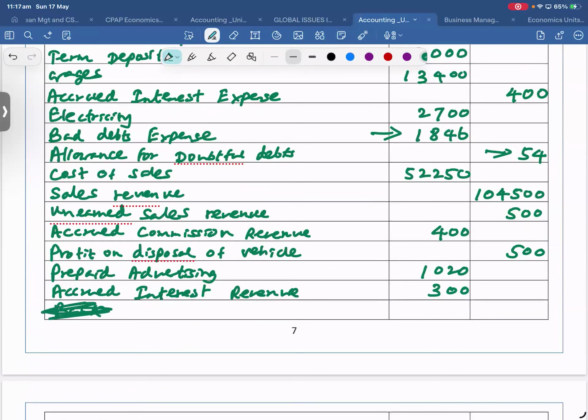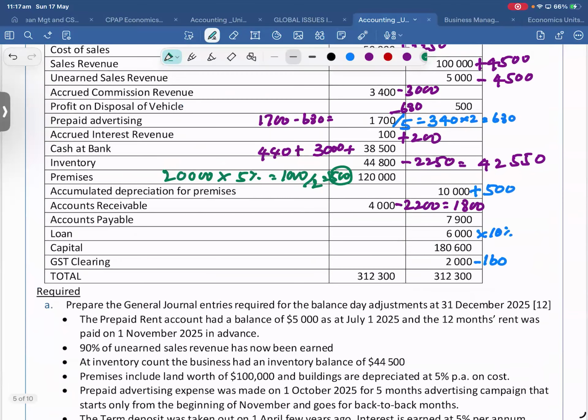No, we have to write the exact format, cash at bank. 41,940. Next one. Inventory 42,550, premises 120. Okay.